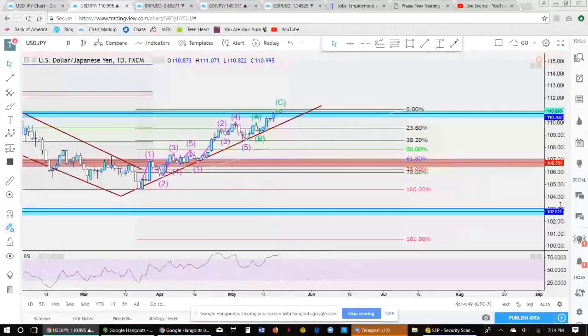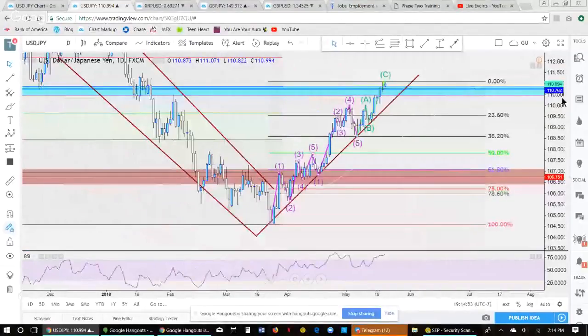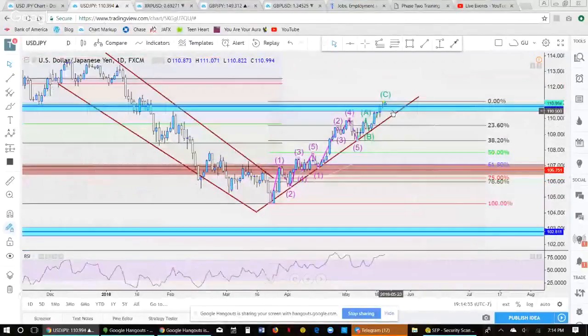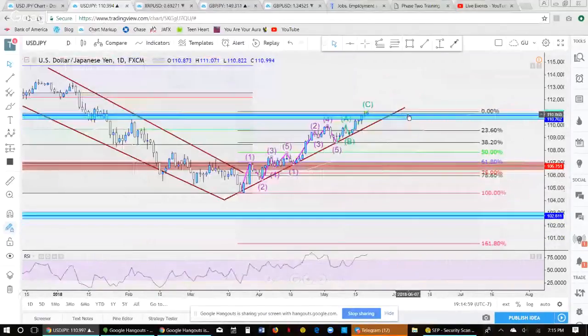Well, over here, it reached supply. Yet we're going to assume that it's not going to break it. We're going to assume it doesn't break it. So it is reasonable for me to assume that this is going to drop. How far?